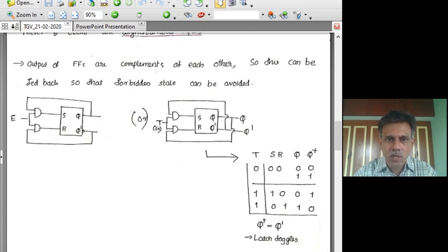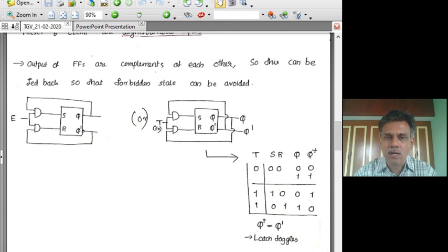So if Q was 0, Q is the one which is being fed back and passed as the R input. So R will be 0. If Q was 0, Q bar would have been 1, and that Q bar is the one which is being fed back to S, and therefore S would be 1.